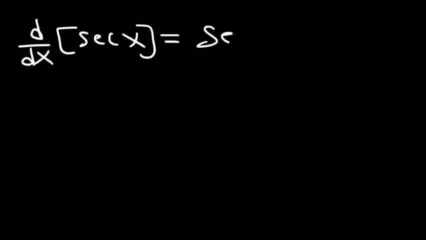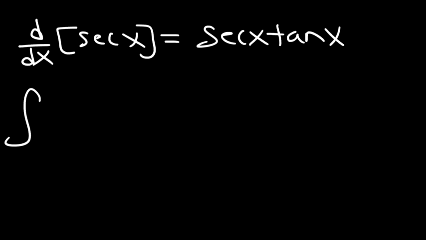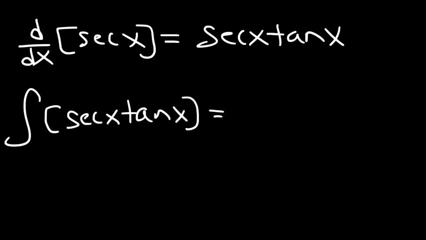Next up, we have the derivative of secant x. And so that's going to be secant x tangent x. So the antiderivative of secant tangent, as you know by now, has to be, well, let's not forget dx. So this has to be secant x plus c.